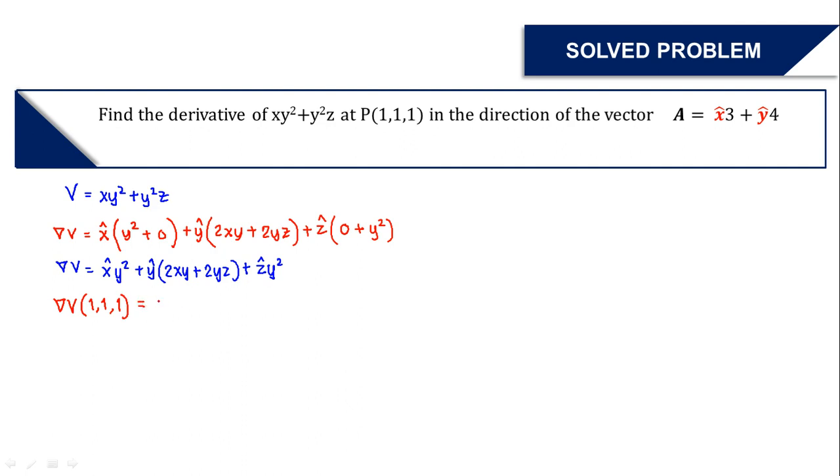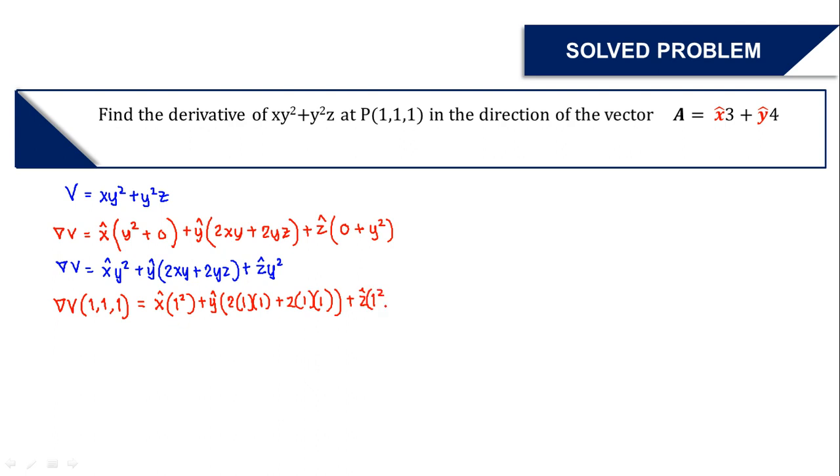is now equal to x hat times 1 squared plus y hat. Ito naman ay 2 times 1 times 1 plus 2 times 1 times 1 plus z hat 1 squared.